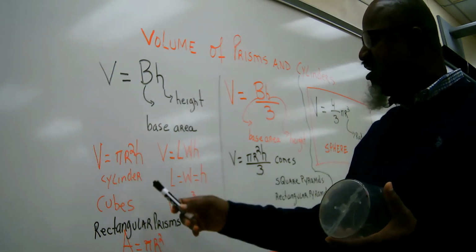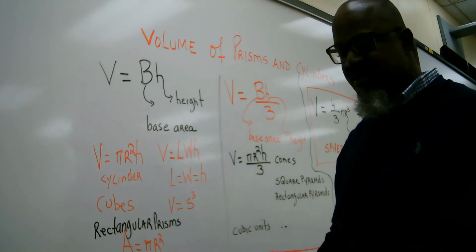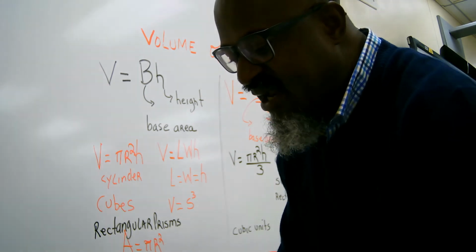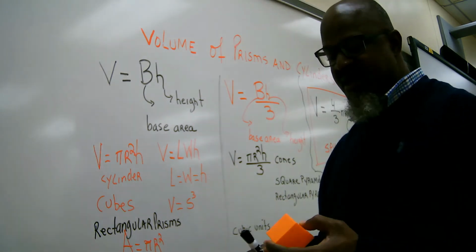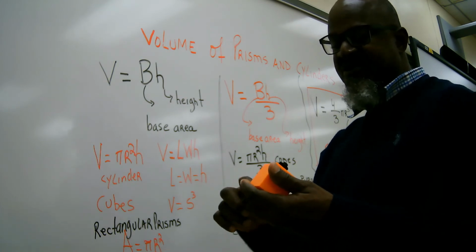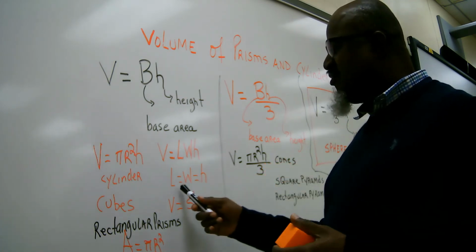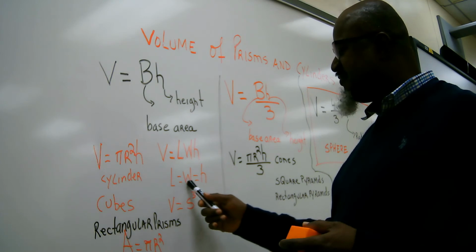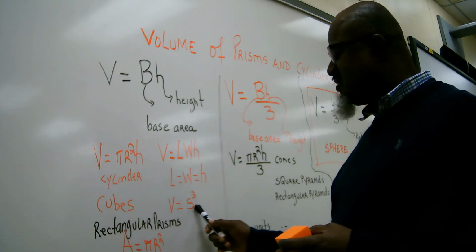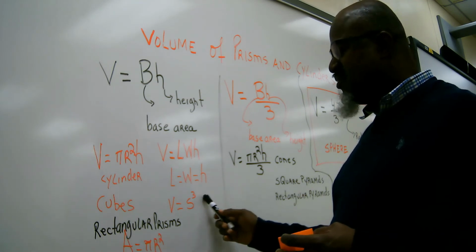That's how you find the volume of a cube. The volume of a cube is the area of the base, length times width. When it's a cube, the length and the width are the same, and the height also is equal. So for a cube, the length, the width, and the height are the same. So you take one side and cube it. That will give you the volume.